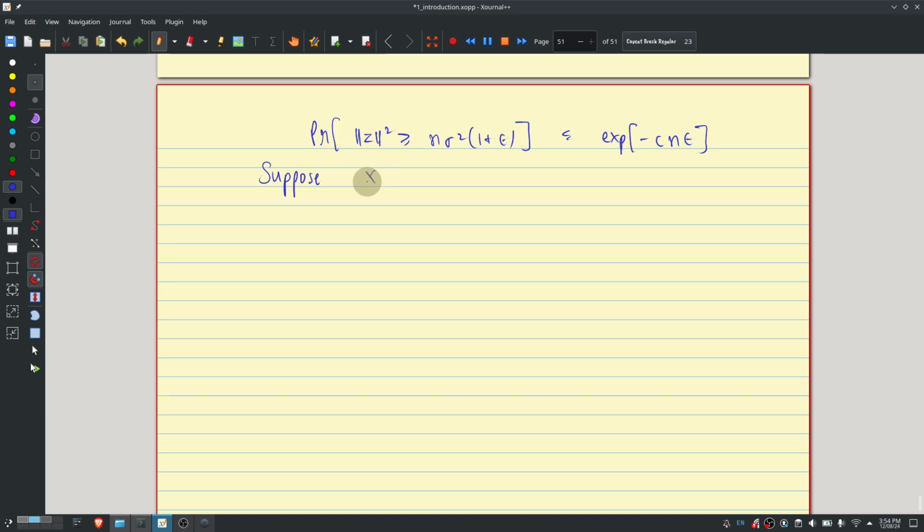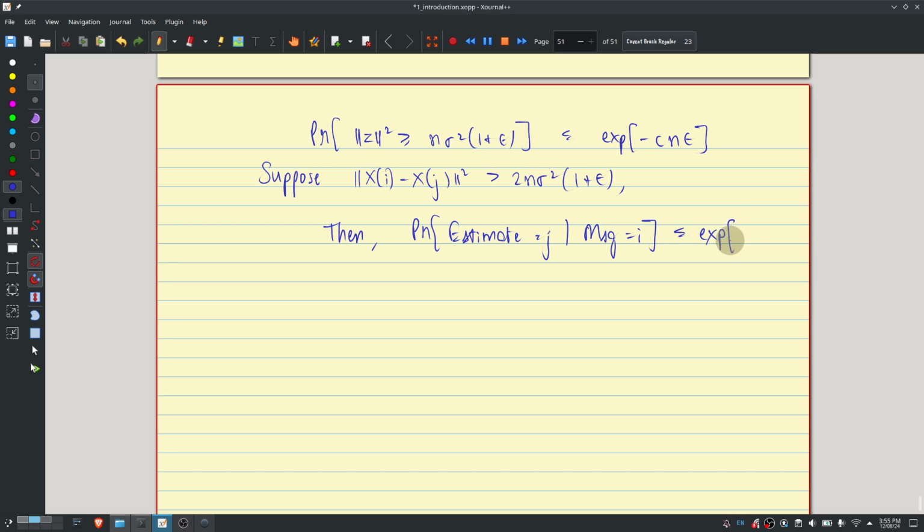So if I have x of i, if the distance between x of i and x of j is greater than 2 times square root of n sigma square times 1 plus epsilon, then the probability that you mistake i for j, or the probability that the estimate is equal to j, given that the actual message transmitted was i, is upper bounded by e raised to minus some constant times n times epsilon.